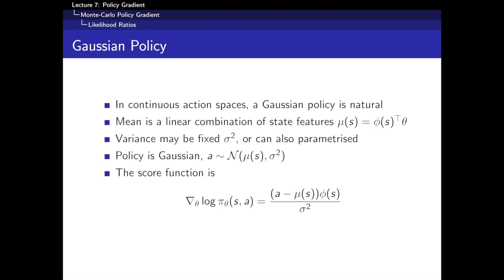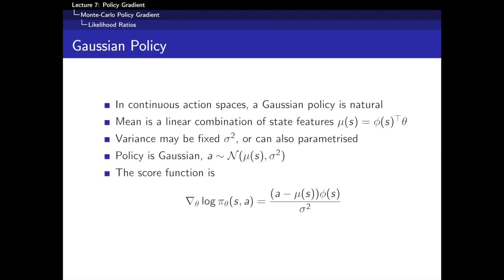Well, the score function is basically, again, this tells us how to get more of a particular action. And here, again, we have something very similar to the last slide, where this is the action we actually took, this is our action A, and this is the mean. So we basically want to know, let's take the action we actually took minus the mean.